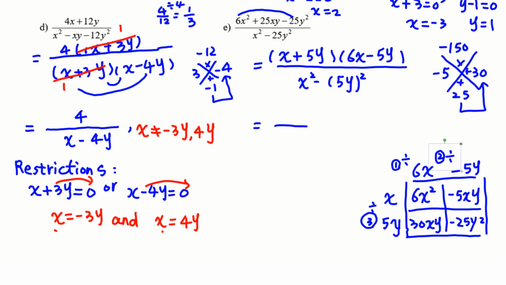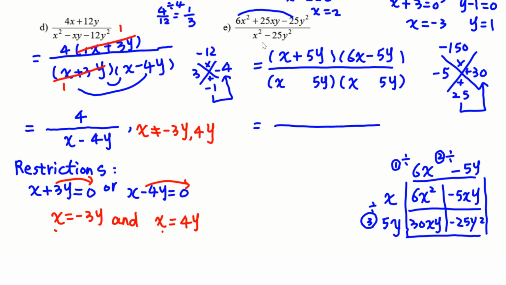Then we continue to factor the denominator, or we could just rewrite the denominator as a difference of squares. So we put the square roots in the brackets because that is a difference of squares.